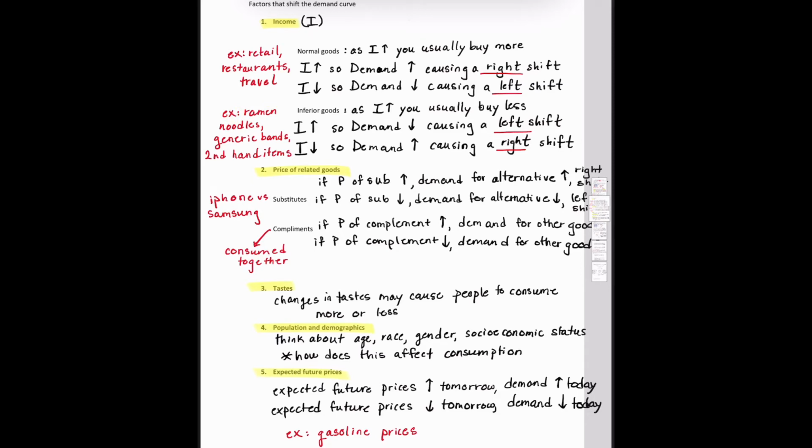So the last three factors are a little bit more self-explanatory, but changes in taste do cause demand to shift. People may consume more or less depending on their preferences.